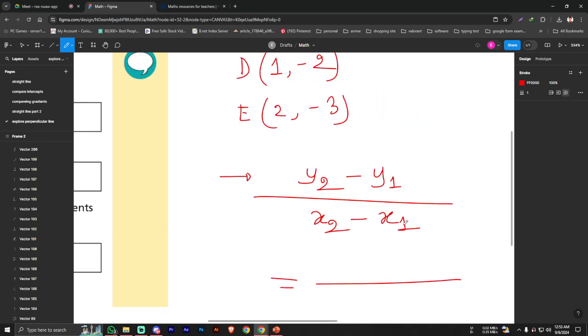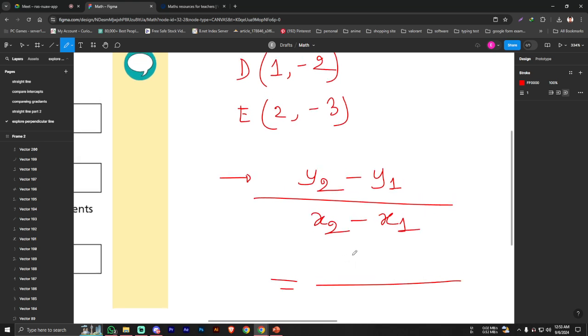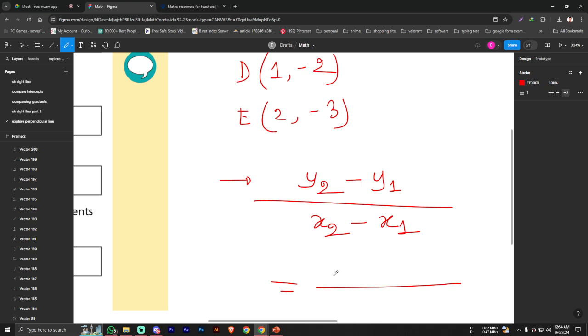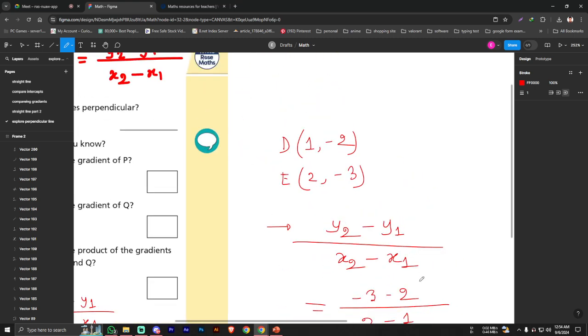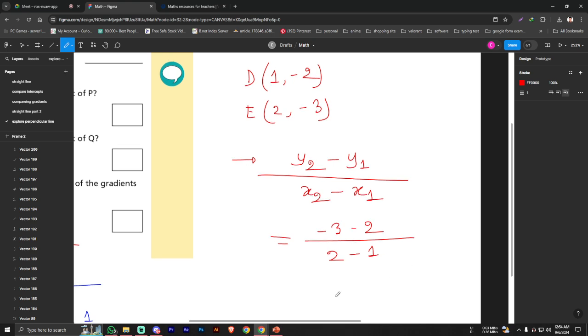So it should be reversed. y2 minus y1: 2 minus 3 over... Here is the answer. The answer is minus 5 and 1, that means minus 5 is the answer. Oh, wait. Let me give you one more screenshot.